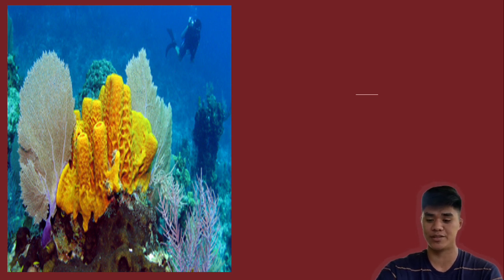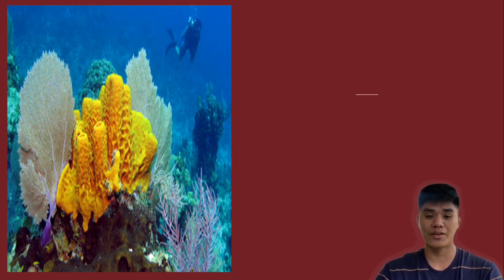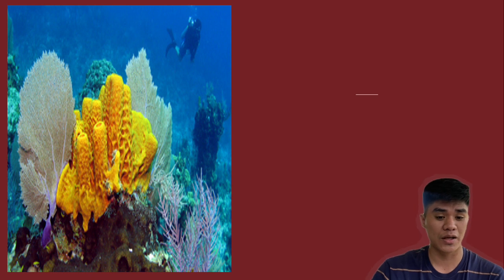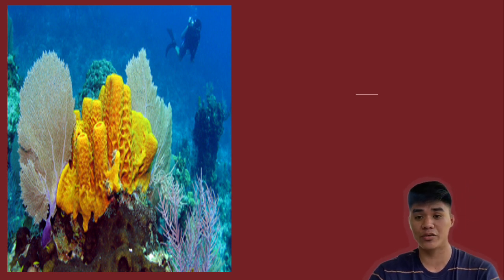So next interaction. What have you observed in this interaction, class? What species or organisms have you seen here in the coral reef, in the ocean? That's right, the yellow part here is what we call sea sponges. The other one, which looks like a tree or grass, what do we call it?